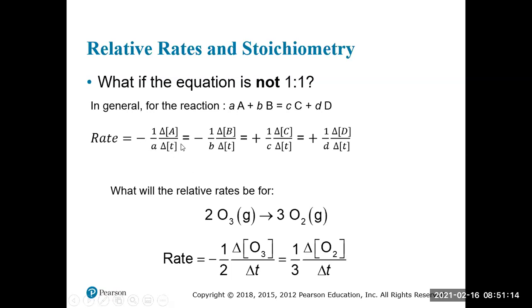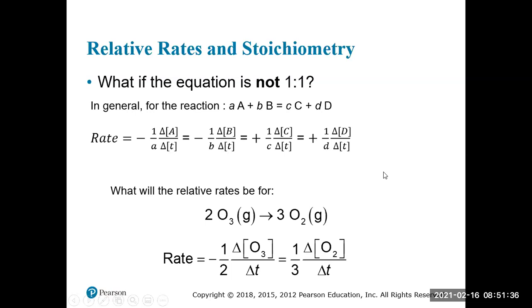And once again, the reactants have the minus sign because they're going down. The products have a positive sign because they're what's being formed, their concentrations are going up. So what we see there is if it's not a 1 to 1 reaction stoichiometry, then it's 1 over whatever that coefficient is in front.